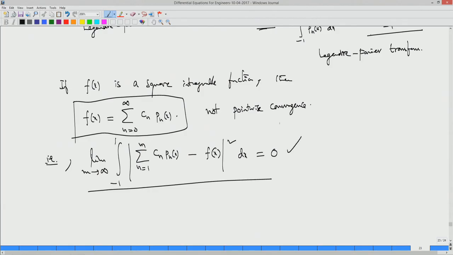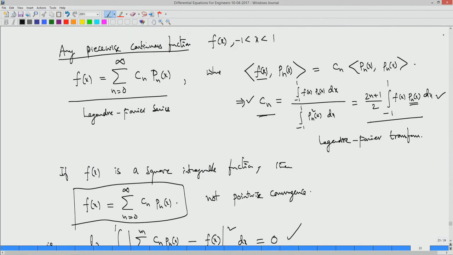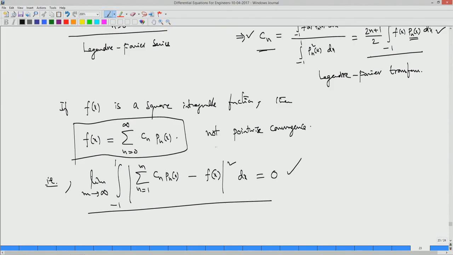That is why you learn only piecewise continuous functions. You can have this Fourier series with pointwise convergence, okay. But square integrable convergence, that is this one. This is the meaning of square integrable convergence.